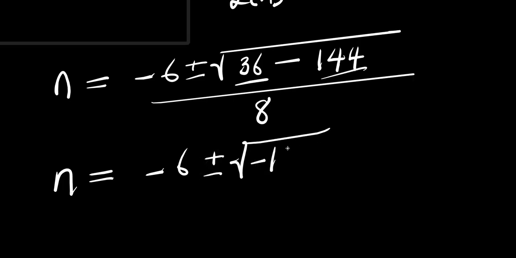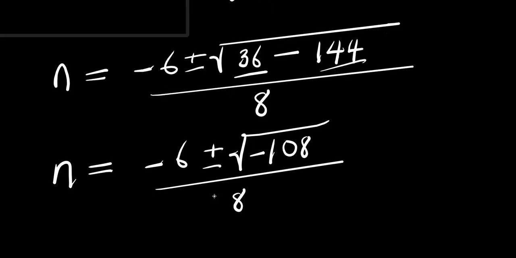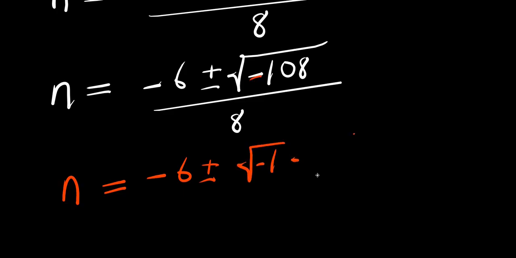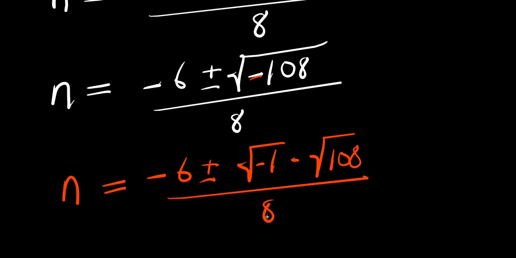This is negative 108. And this is divided by 8. So from here, you simply have n equals negative 6 plus or minus square root of negative 1 times square root of 108 divided by 8.